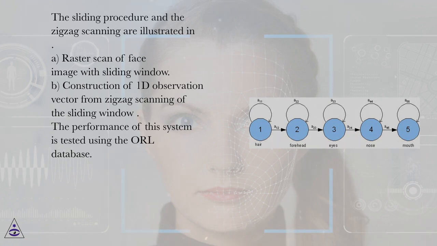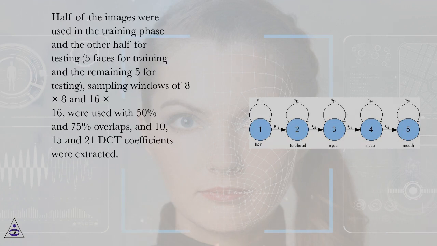The performance of this system is tested using the ORL database. Half of the images were used in the training phase and the other half for testing, 5 faces for training and the remaining 5 for testing. Sampling windows of 8x8 and 16x16 were used with 50% and 75% overlaps, and 10, 15 and 21 DCT coefficients were extracted.